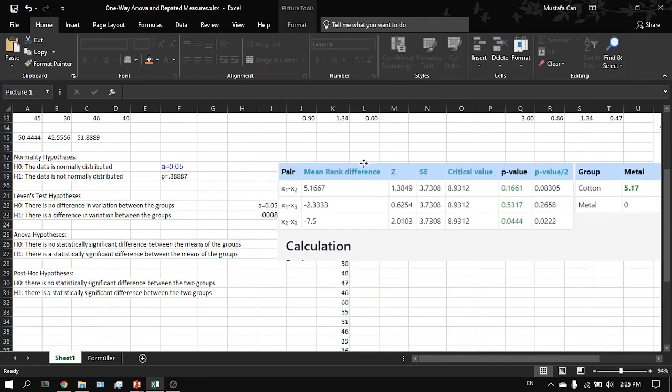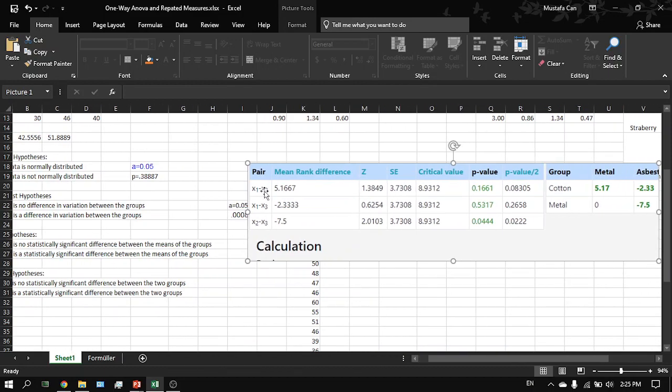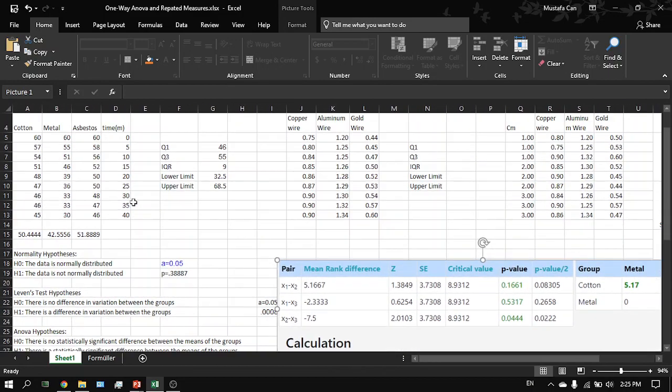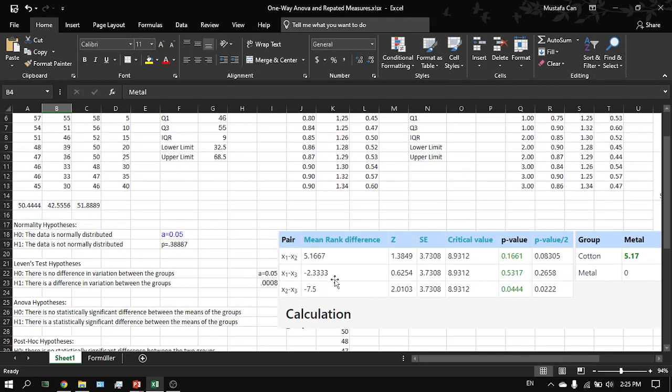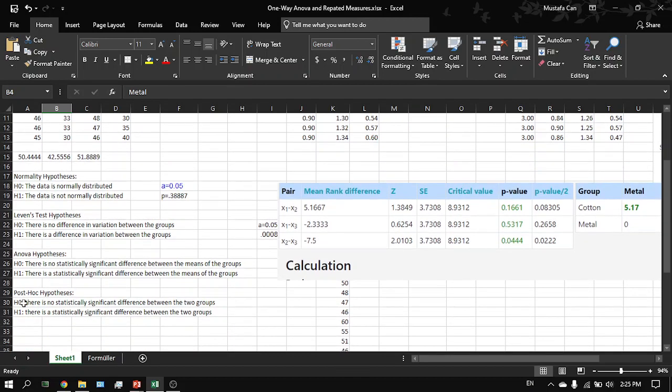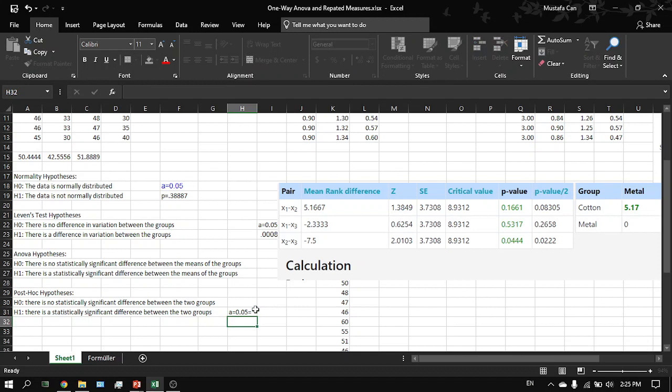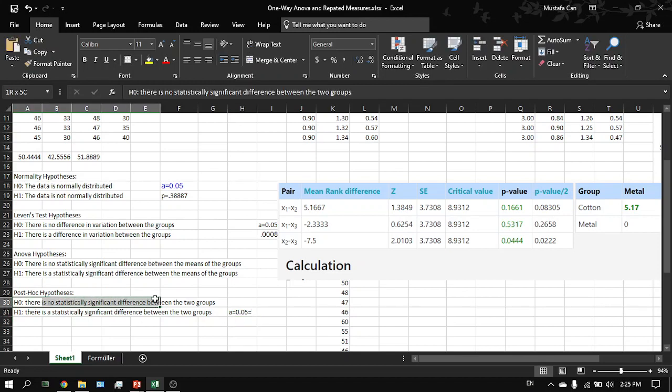Okay, so for group 1 cotton and group 2 metal, the difference is not significant. So let's come to the post-hoc hypothesis. It's larger than alpha value 0.05. So we say that since it's larger than this, we accept H0. So there is no statistically significant difference between the two groups.